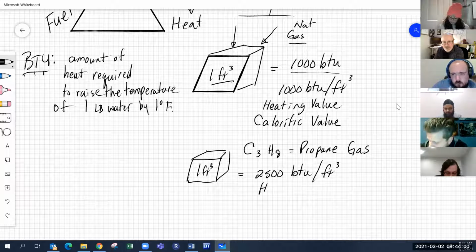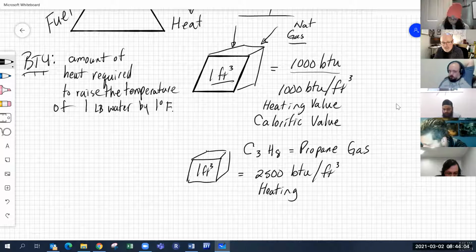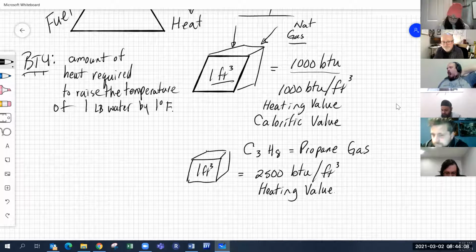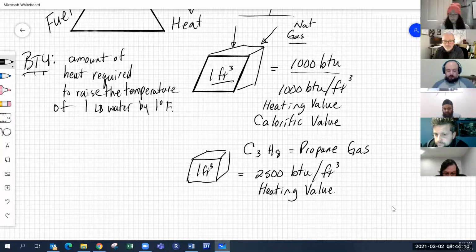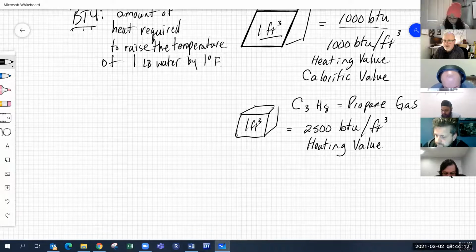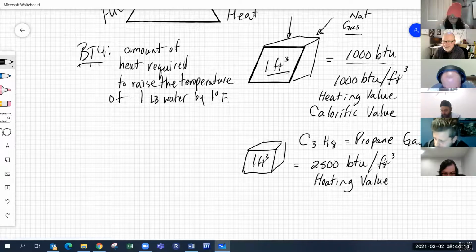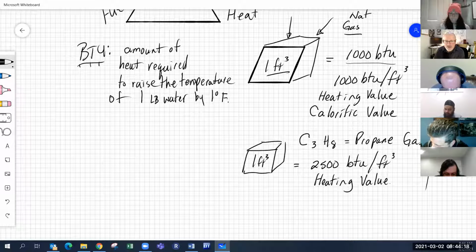So the heating value of propane gas would be classified as 2,500 BTUs per cubic foot. So those are a couple of things that you need to know. These are 100% need to know.